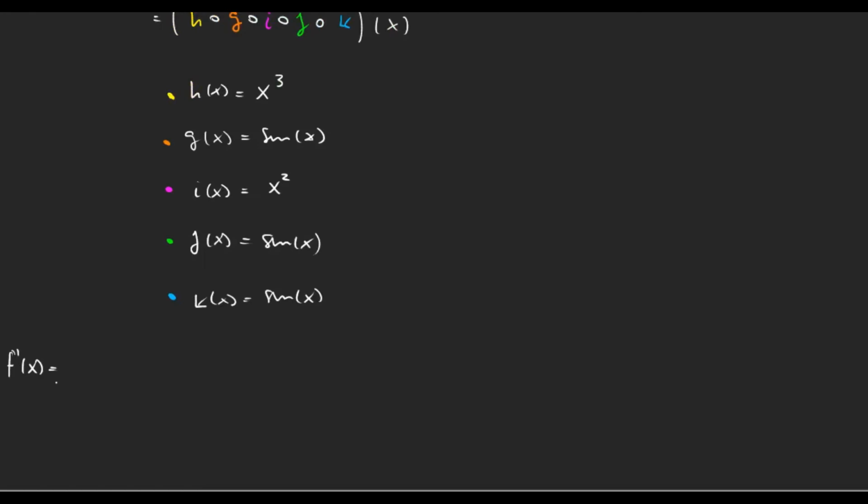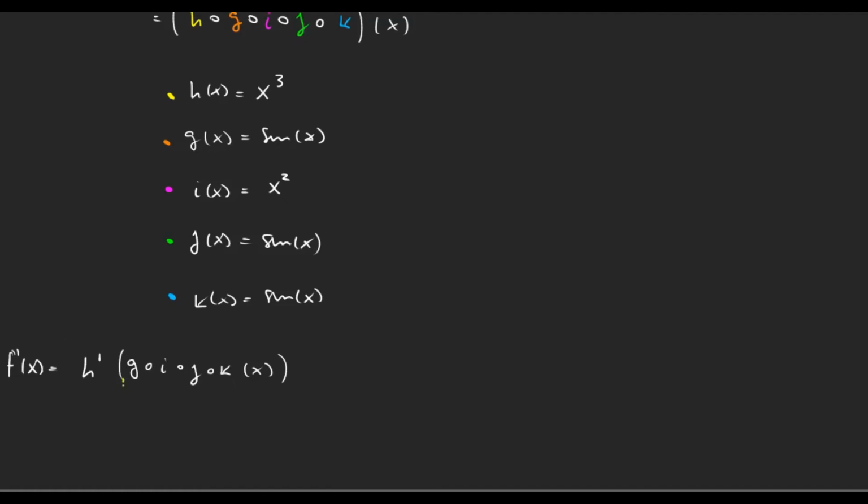So to differentiate f, we first differentiate the last function we calculated, that is h prime, and evaluate it in all the previous things we had. So g composed with i, composed with j, composed with k in x.